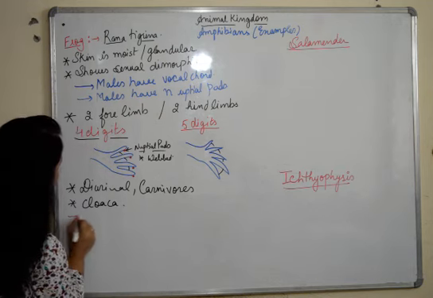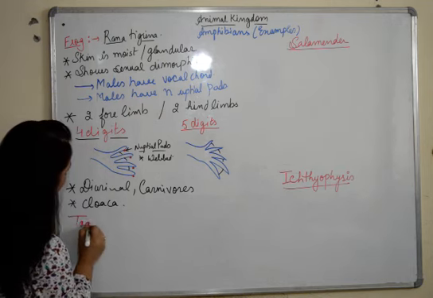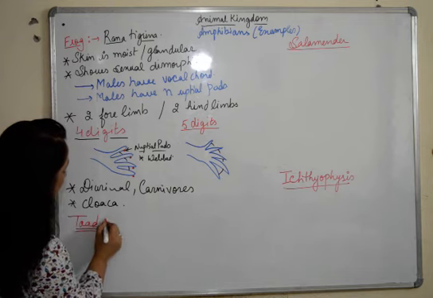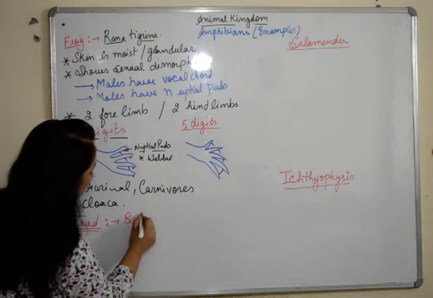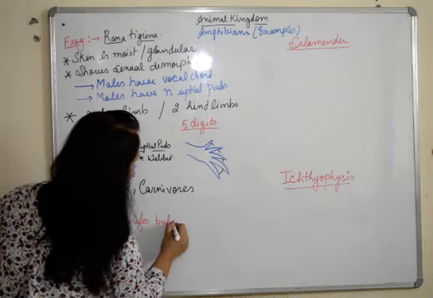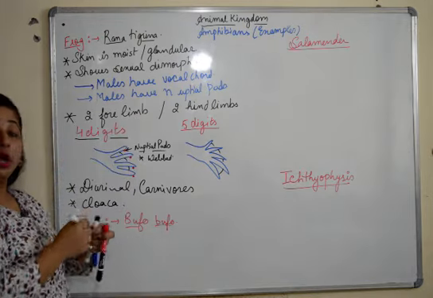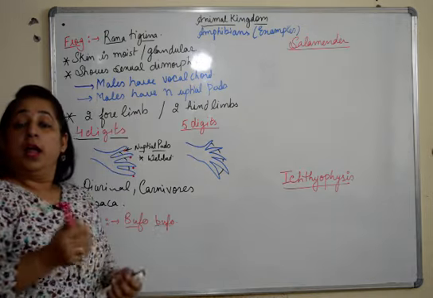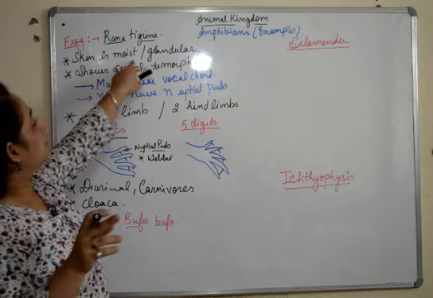Next we are going to talk about toad, which is also known as Bufo. When we talk about toad, we have discussed that frog's skin is moist and glandular.